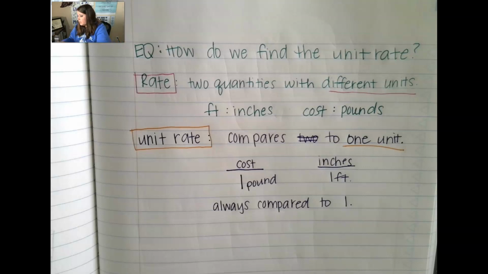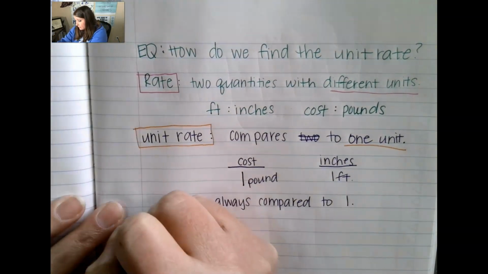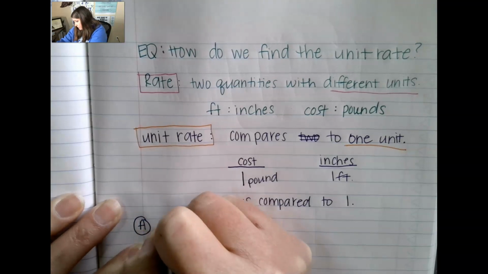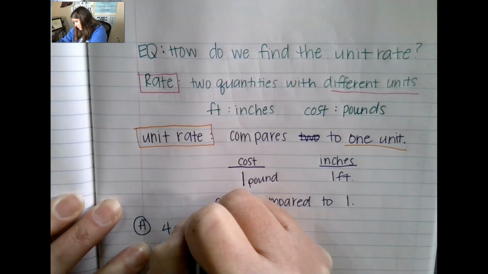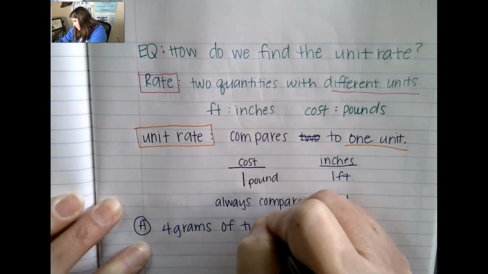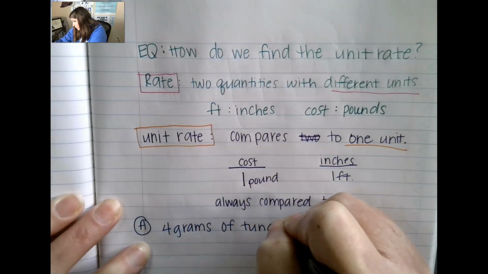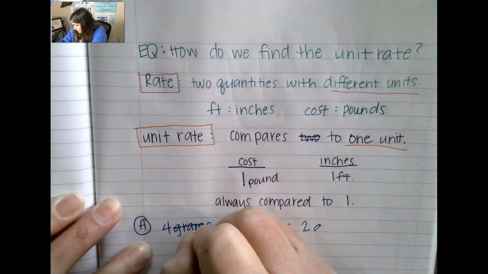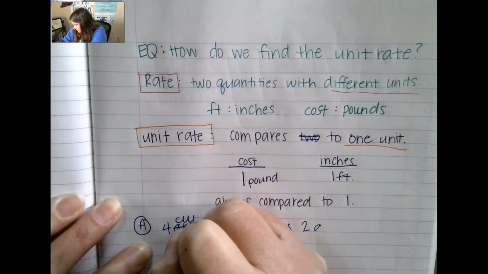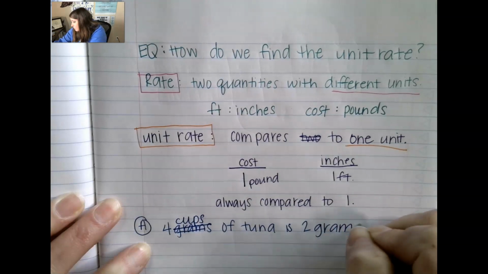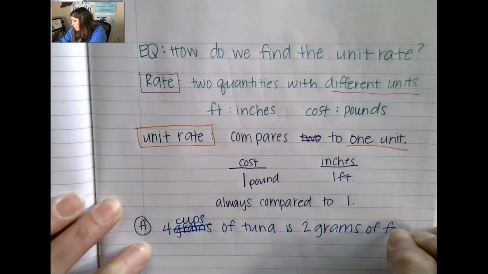Okay, so 4 cups of tuna is 2 grams of fat.